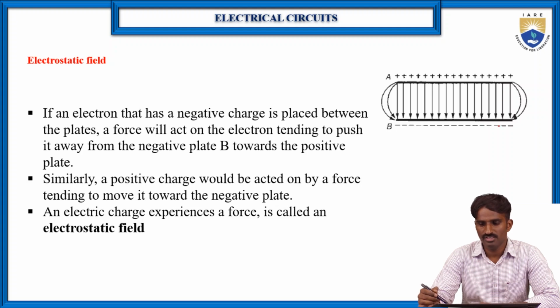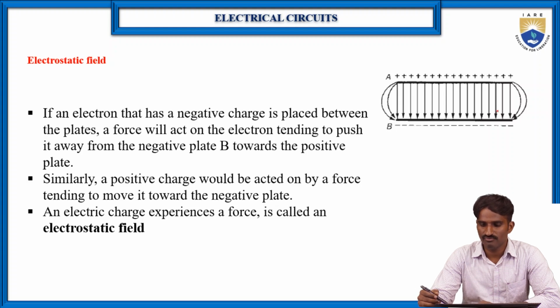So there are two plates placed at a distance D from each other. Plate A has the positive charge and plate B has the negative charge. If you place an electron, which has a negative charge, between plates A and B, then some force will act on that electron, because as we know, like charges repel and opposite charges attract each other.